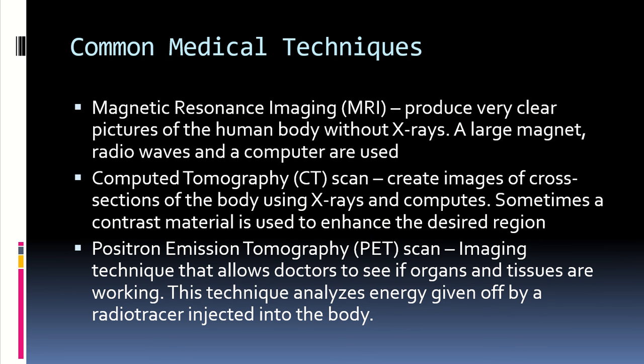To put it in layman's terms, a PET scan will help a medical professional tell if organs and tissues are working, if they're actually doing activity, chemical activity. And this technique usually involves the injection of a radio tracer, which gives off chemical radiation.